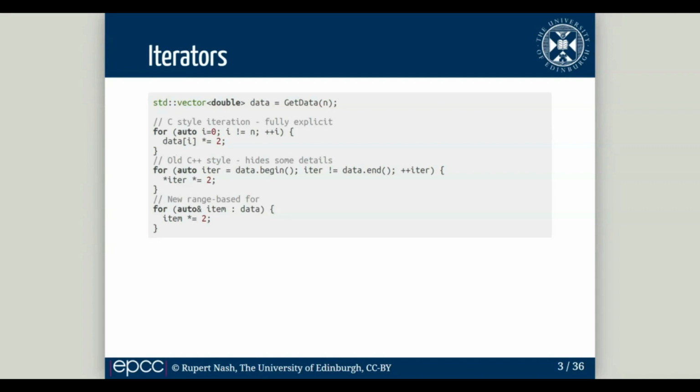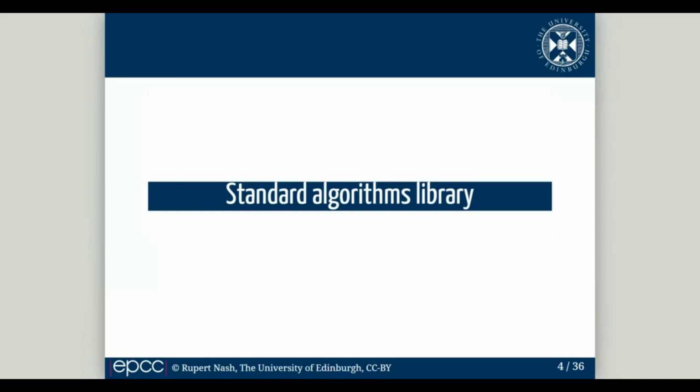We have older C++ style iterators, where we define the beginning, termination, and increment of the iterator, and newer range-based for loops that have become quite popular. This is more reminiscent of Python for those who have used Python more commonly.